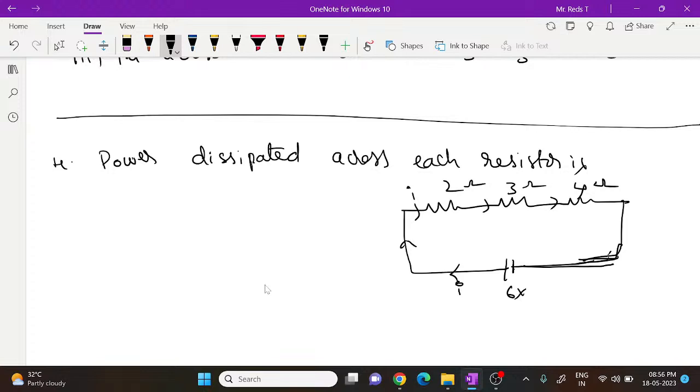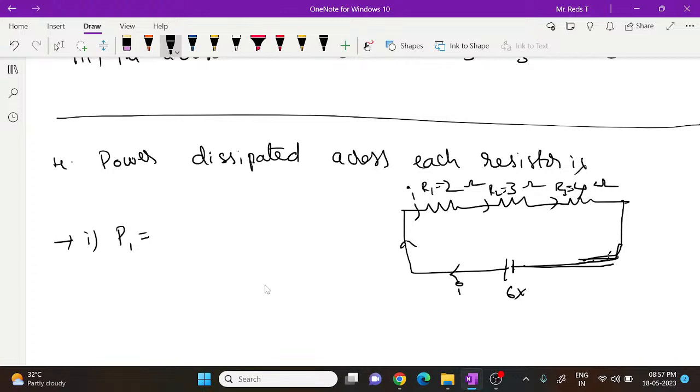So power dissipated across the first resistor, if this is R1, R2, R3, can be taken as P1. The power dissipated can be expressed as I square R, or V square by R, or VI. You have to remember these different expressions.